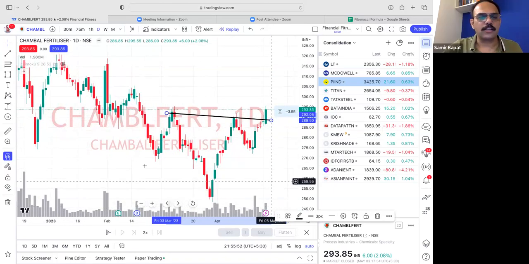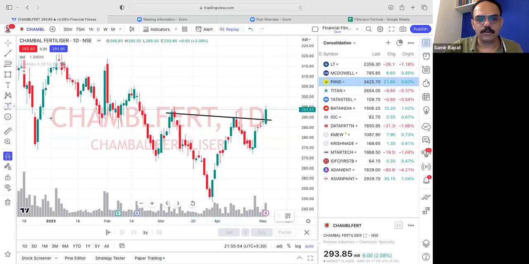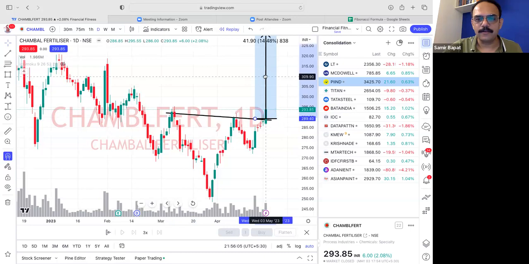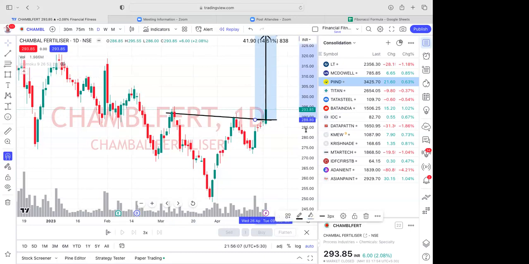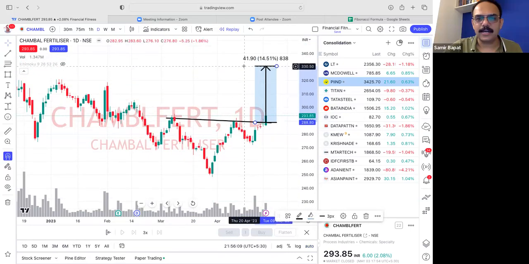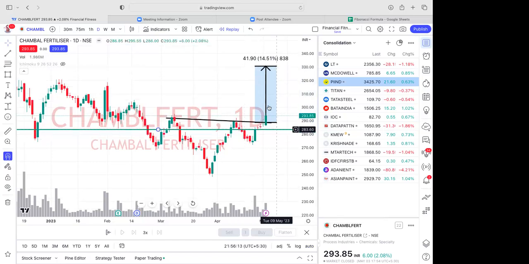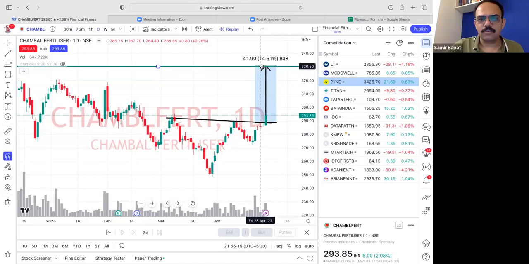So now the next question is how far it will go. We have to measure from the bottom of the head till the neckline here. Let's take it till here, the neckline, and add it to the breakout here. Let's draw one line here and see if it is matching with some support and resistance or not.